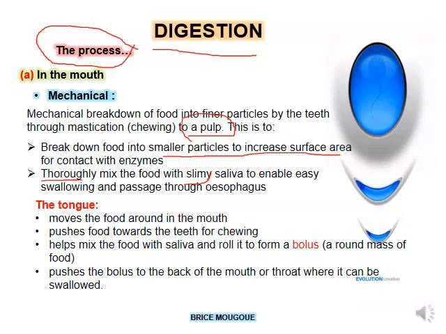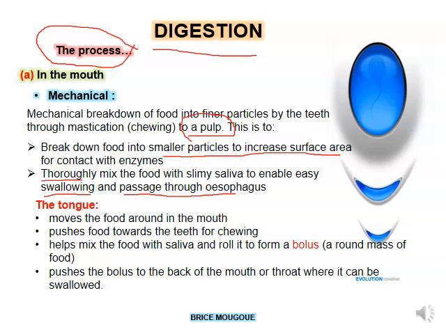Saliva is made to be slimy because it contains mucus, that we'll see, so that it can be easily swallowed and also pass through the esophagus very easily. Imagine if you had to swallow food which is completely dry. Your esophagus, your throat will even hurt. So the saliva is slimy, it is watery, so that the food can be slippery and moist for easy swallowing.